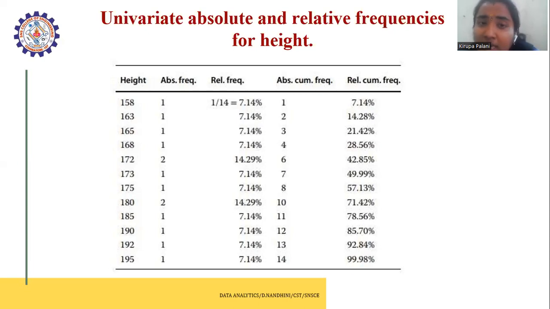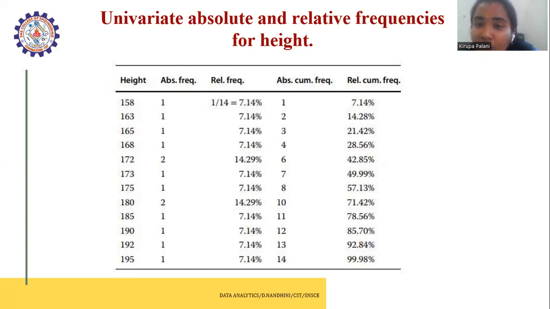The relative frequency is 7.14 percent for an absolute frequency of 1, and 14.29 for an absolute frequency of 2. Then the cumulative frequency is given for each height.